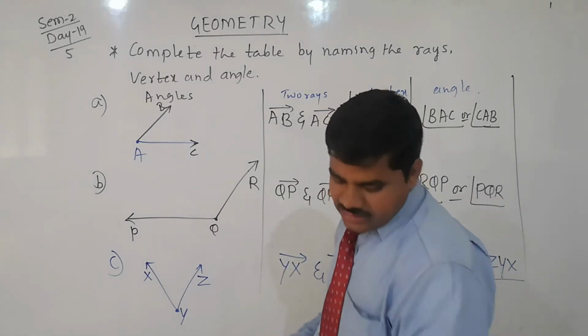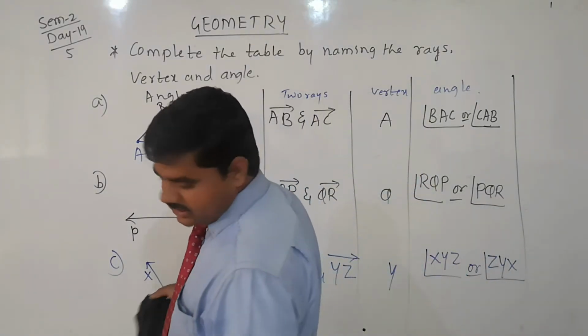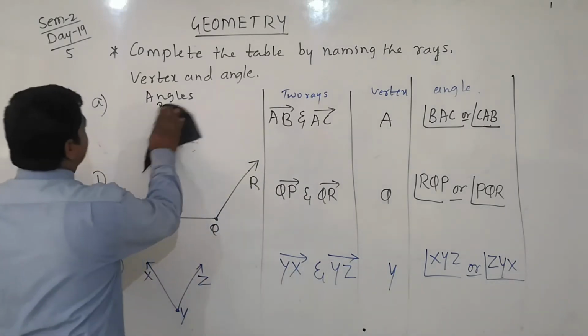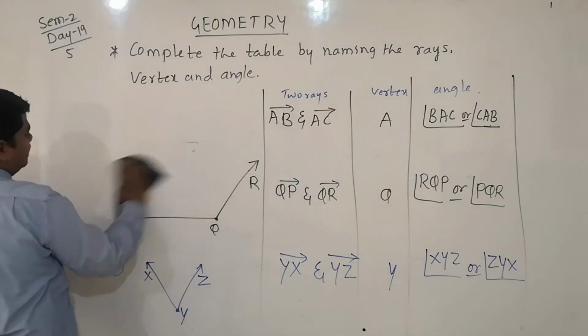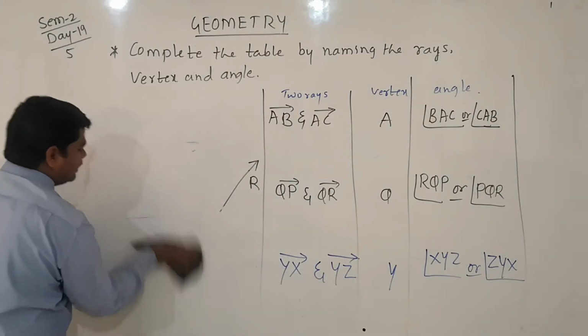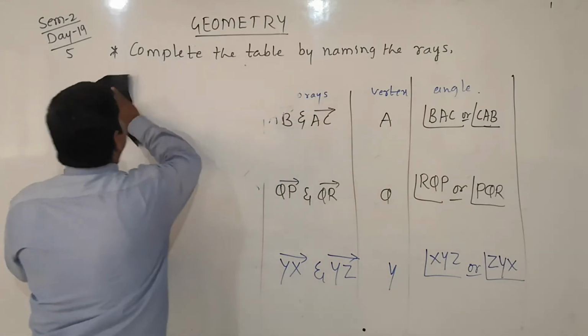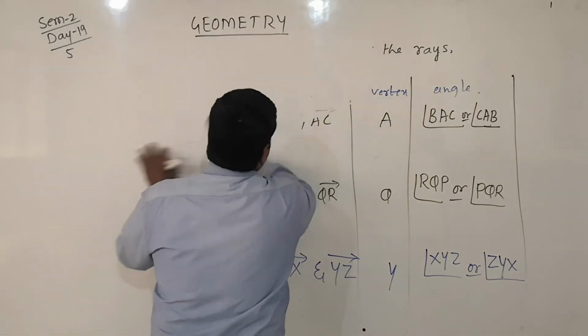Read each angle, name the two rays, vertex and angle. It's given separately, not in a table. Read each angle. Very simple questions.